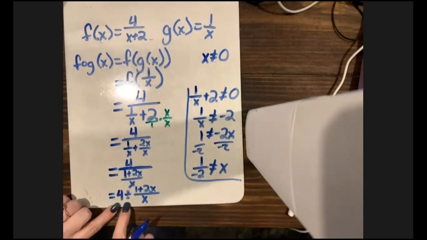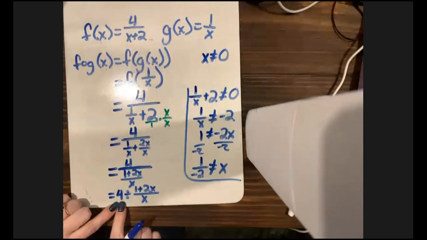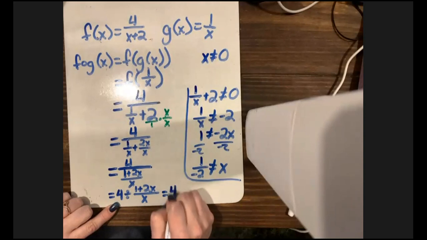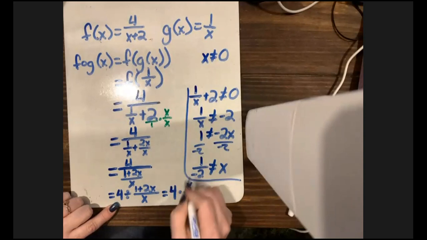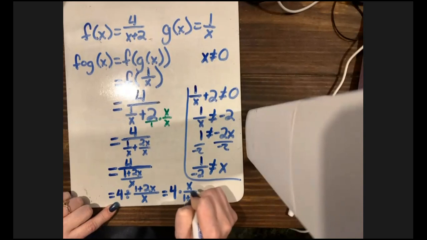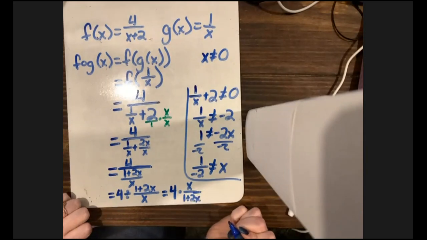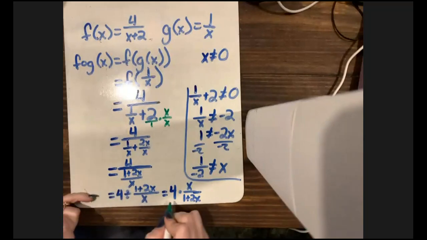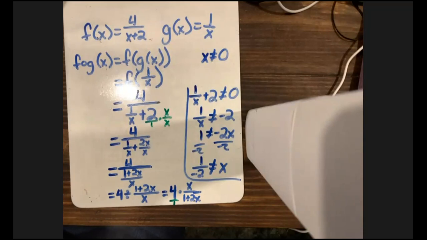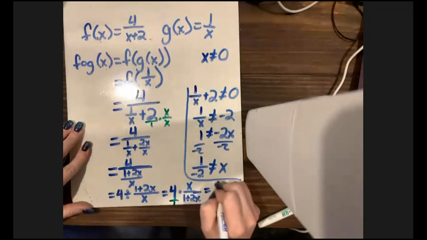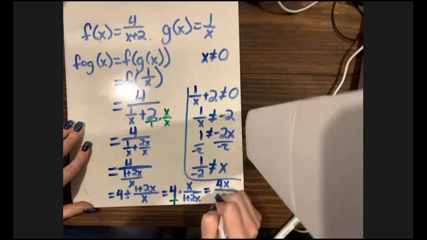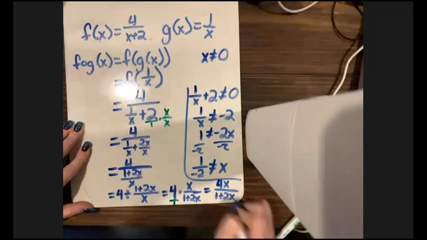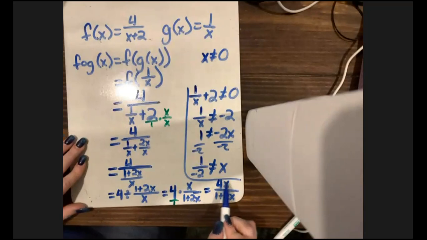Now, when you divide by a fraction, we know that it's keep, change this to multiplication, and flip that over. And then we can clean this up just a bit more. I can make that a 4 over 1 and end up with 4x over 1 plus 2x. And that is my final composition.